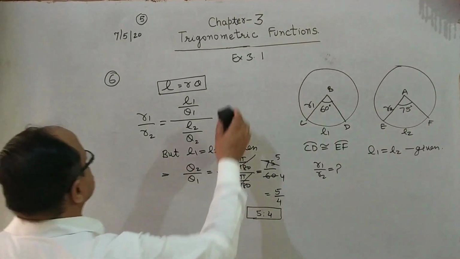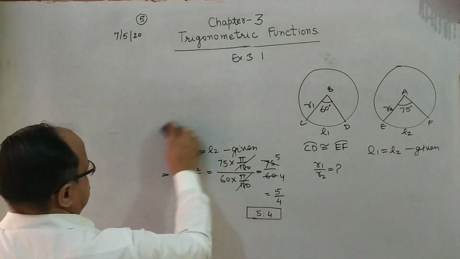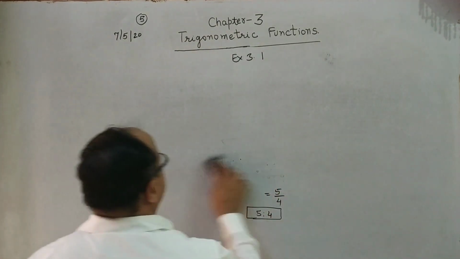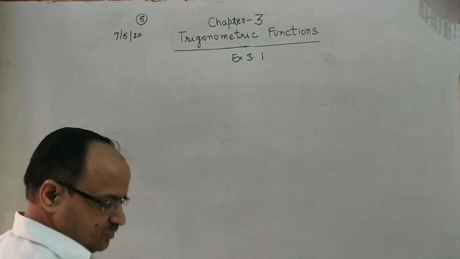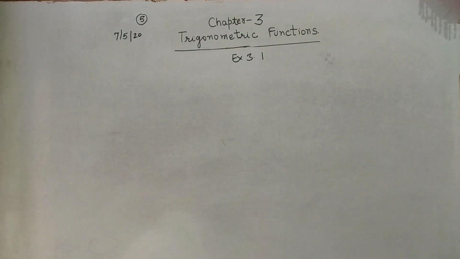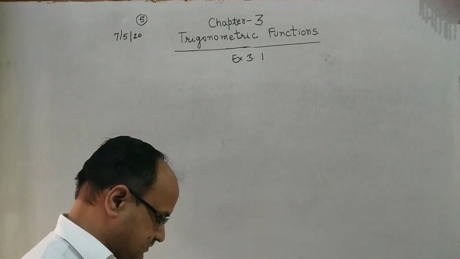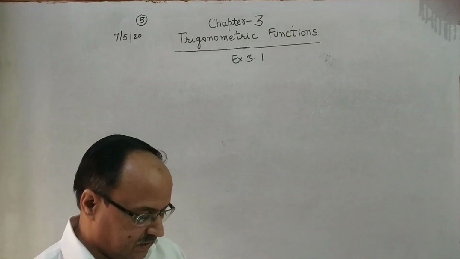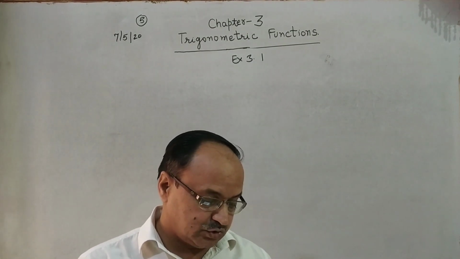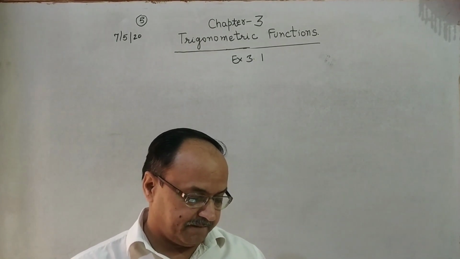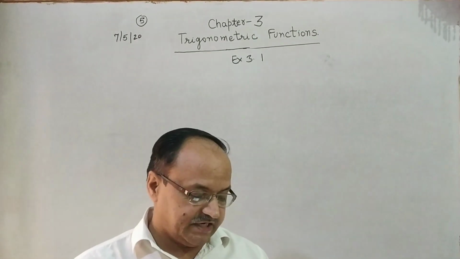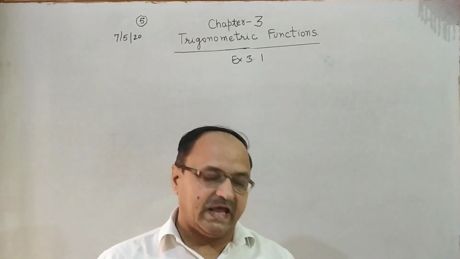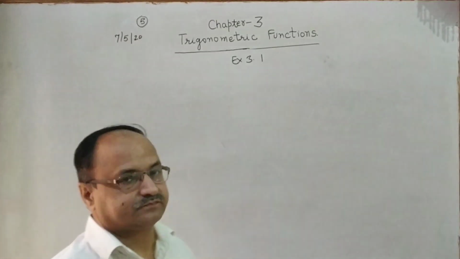Now we solve question number 7 of this exercise. Question number 7. Find the angle in radians through which the pendulum swings if its length is 75 centimeters and the tip describes an arc of length 10 centimeters.